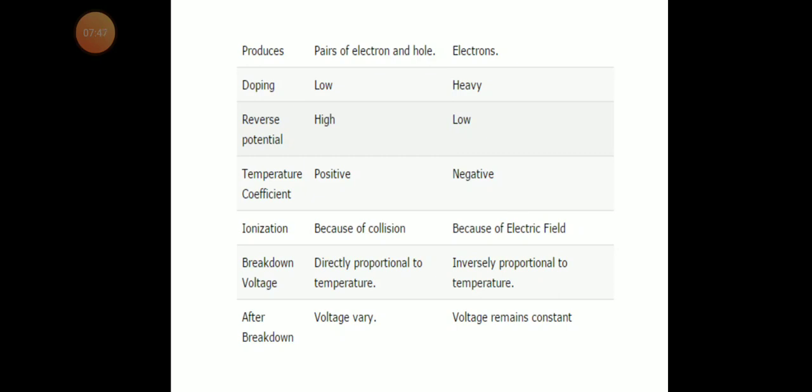In the Zener breakdown, we get ionization because of the applied electric field only. Breakdown voltage: in the avalanche breakdown it is directly proportional to the temperature, while in the Zener breakdown the breakdown voltage is inversely proportional to the temperature. After breakdown, the voltage may vary in the avalanche breakdown, but in the Zener breakdown the voltage remains constant.